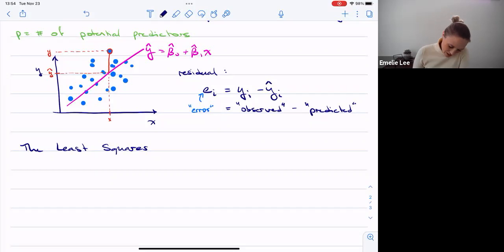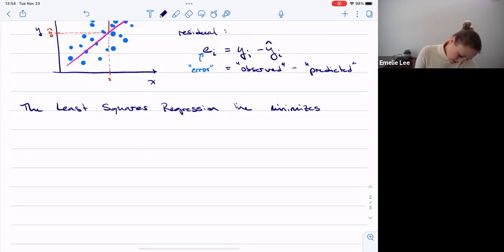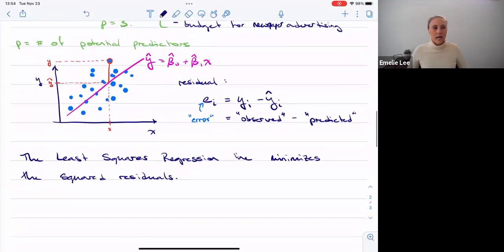So the least squares regression line minimizes the squared residuals. There are other methods, like we could take the absolute value of the residuals instead.